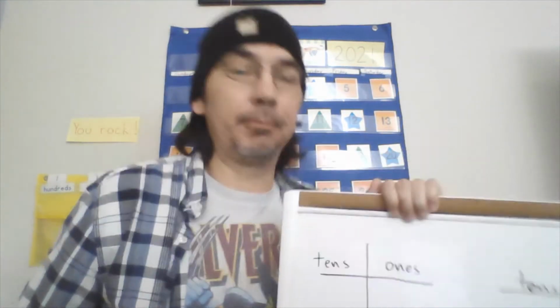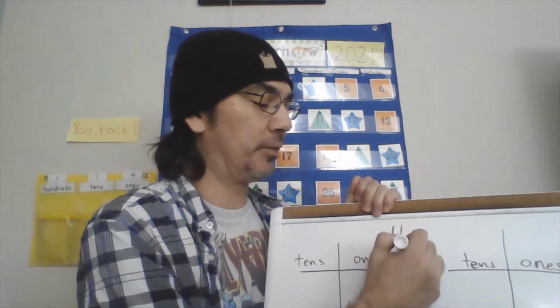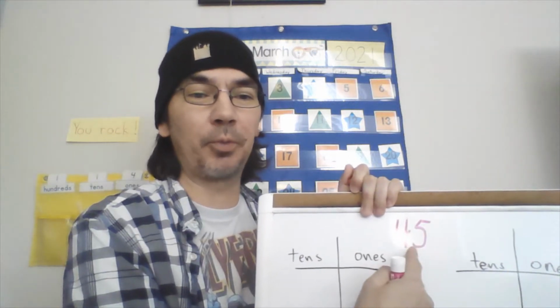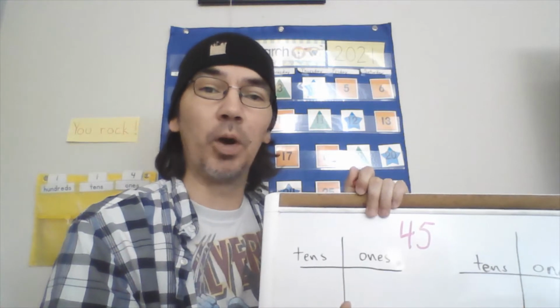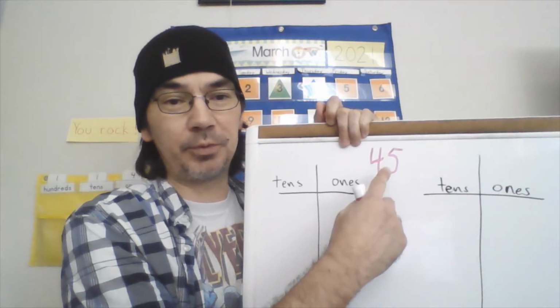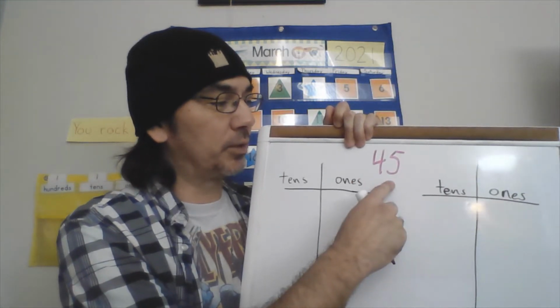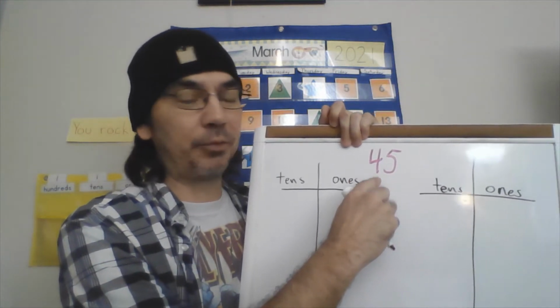All right. So when we are writing a number, the way we have been doing it, say we have a number, maybe 45. Here's our number 45. Now we know we can break up our 45 into tens and ones, right? So we look at 45. We have the tens and the ones. So we look how many tens? We have 4.